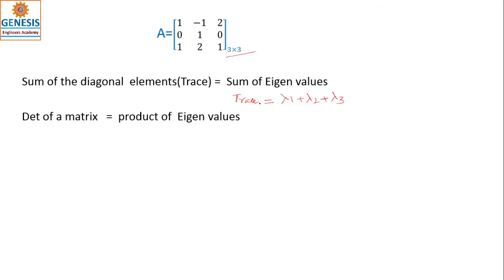The determinant of a matrix is equal to the product of eigenvalues. So from this, determinant of matrix A is equal to lambda 1 into lambda 2 into lambda 3. So the product of eigenvalues will give us the determinant of that matrix.